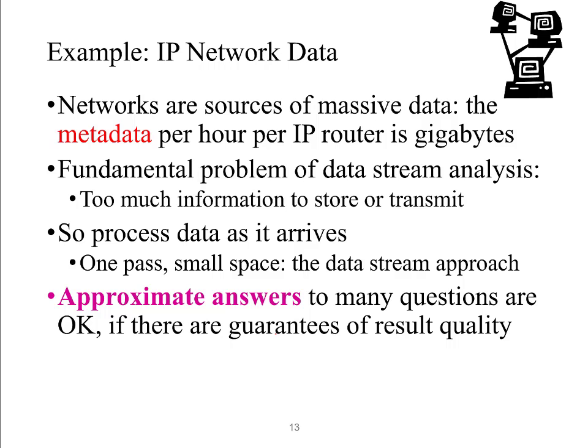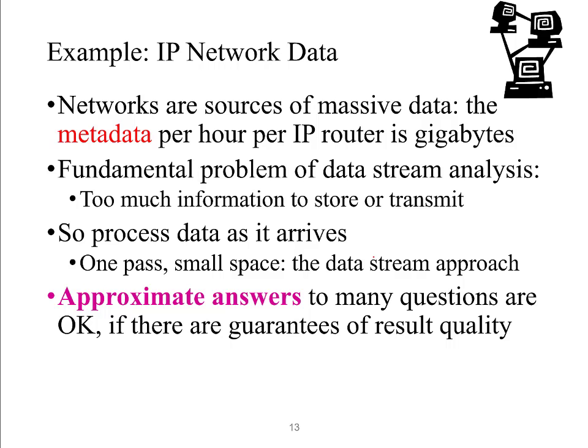So we can only process data as it arrives. And also remember, we have limited memory space. So basically the data comes in one pass, in a small space, where we would need the data stream approach to handle it, right?